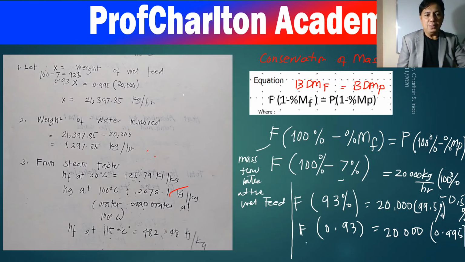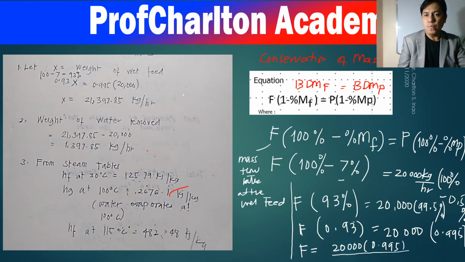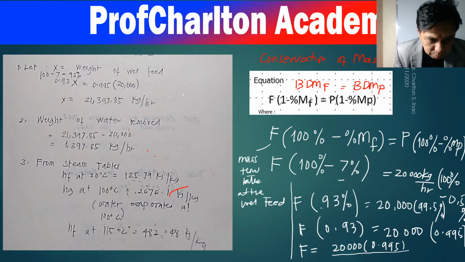So F now, or the mass flow rate, is what? 20,000 times 0.995 all over 0.93, right?